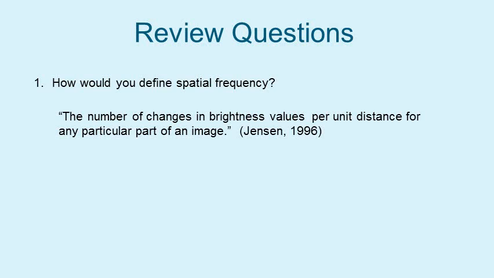Images with lots of change in brightness values per unit distance are considered to have a high spatial frequency. For more information on the concept of spatial frequency, please see slides 3 through 5 in Part 1 of the Spatial Filters in Remote Sensing Concept Module.